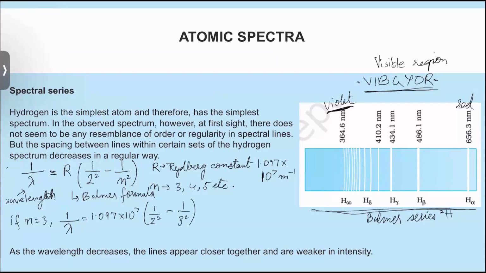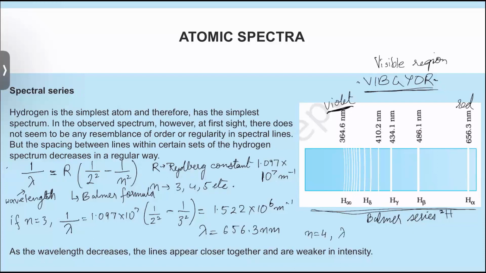If you put all the values and solve this, 1 by lambda will be equal to 1.522 into 10 raised to 6 per meter. Then the wavelength, you take the reciprocal of this, is 656.3 nanometer.